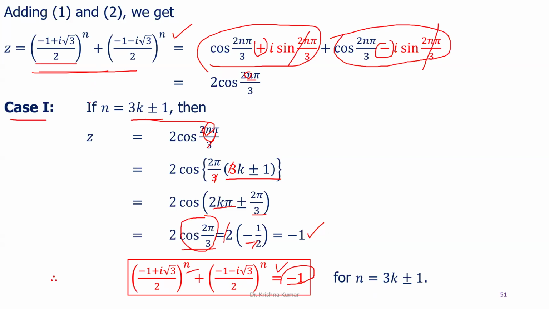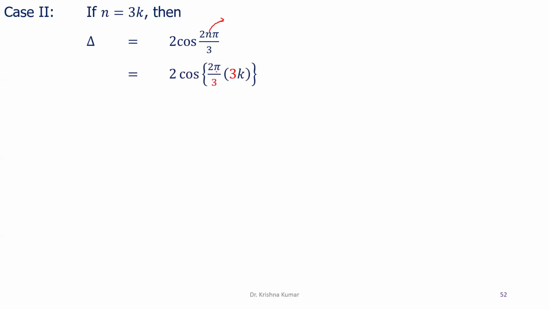Now case number 2: if the value of n is equal to 3k, then z = 2 cos 2nπ/3. Suppose n = 3k, what will happen? So 2 cos 2π/3 times 3k, the 3 will cancel, and we have 2 cos 2kπ.